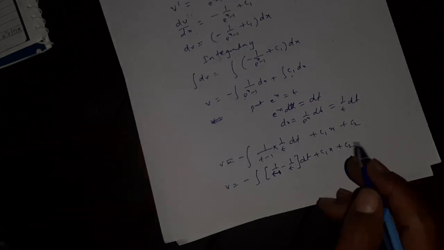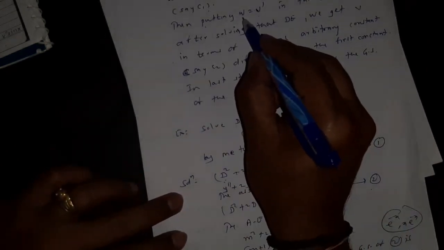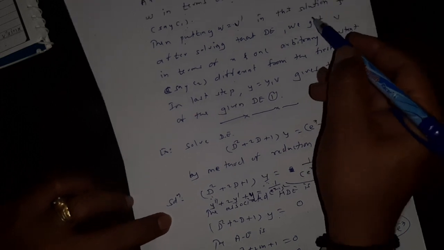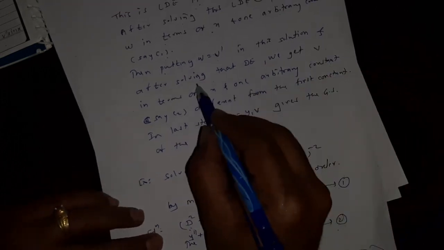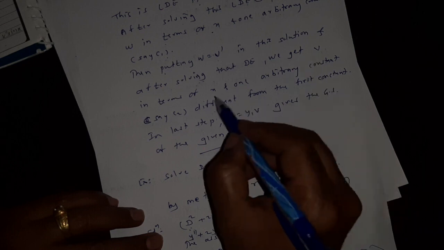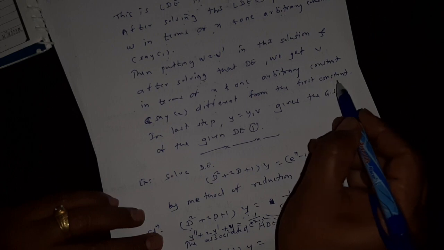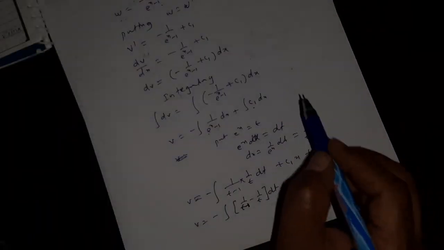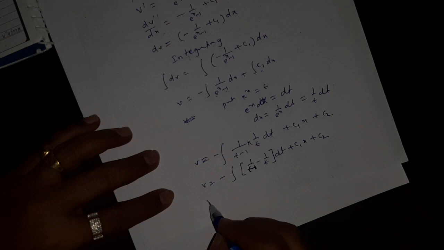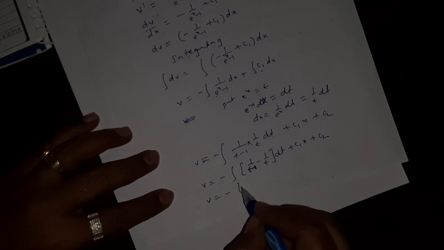Putting w is equal to v dash in this solution, and after solving the differential equation, what do we get? v in terms of x and one arbitrary constant, say c2, different from the first constant. So here is this c2, then v is equal to minus the integration, which is log of t minus 1 minus log t, plus c1x plus c2.